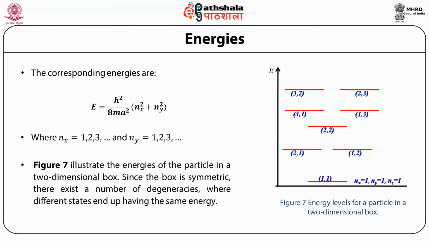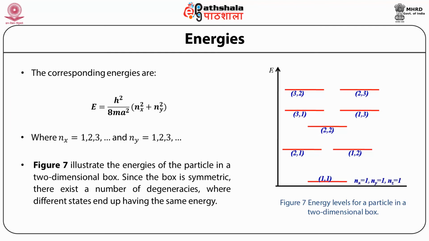The figure over here illustrates the energies of the particle in a two-dimensional box. Since the box is symmetric, there exist a number of degeneracies, where different states end up having the same energy.